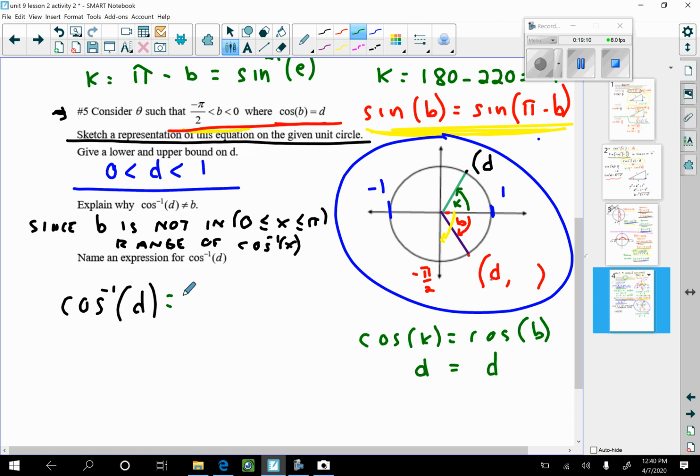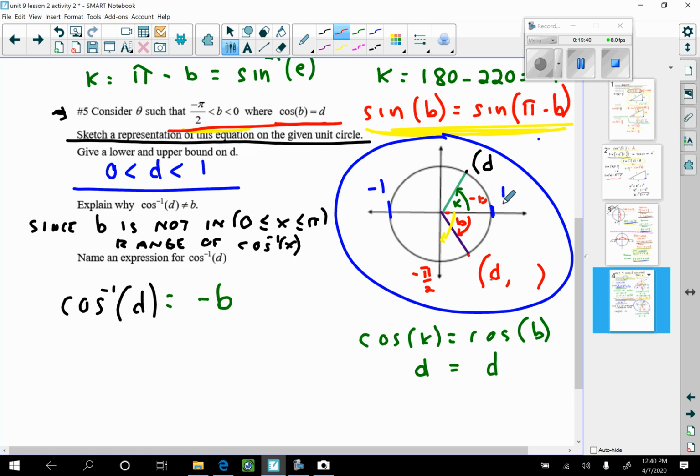In terms of b? Well, this one is, I think, a little bit easier. If b is negative, I think this is simply just negative b. Because if b is negative, and it is, negative b would be positive, and this guy right here is going to be negative b.